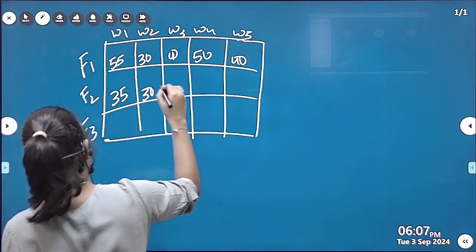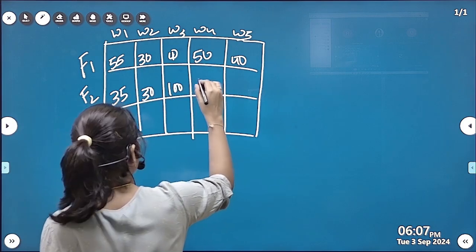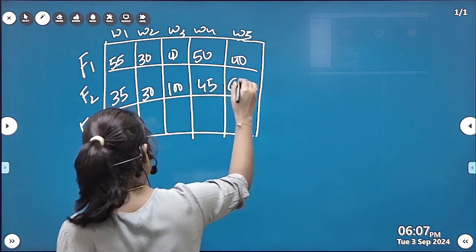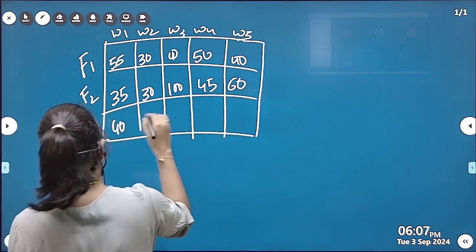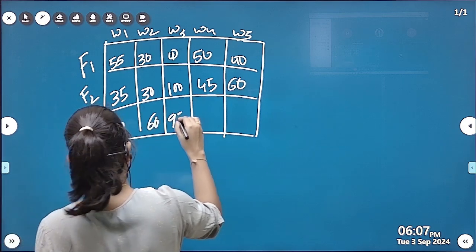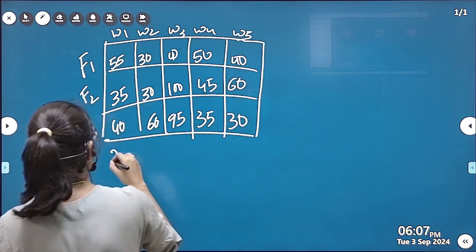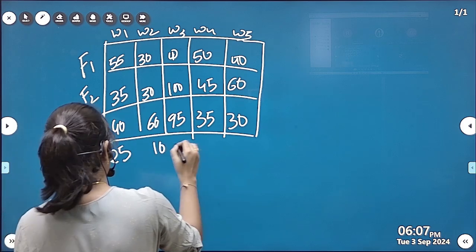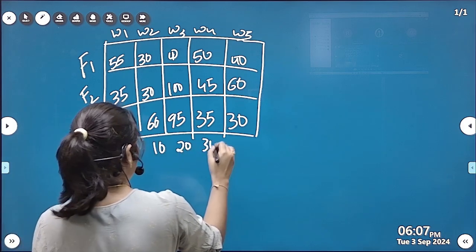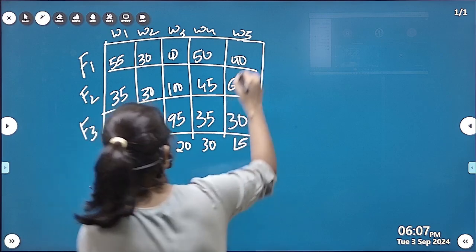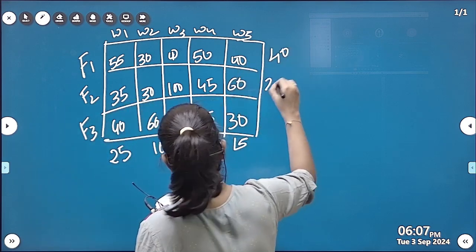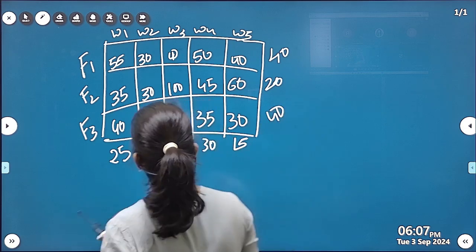Everyone noting? So the values are 25, 10, 20, 30 and 15. Here it is 40, 20 and 40.